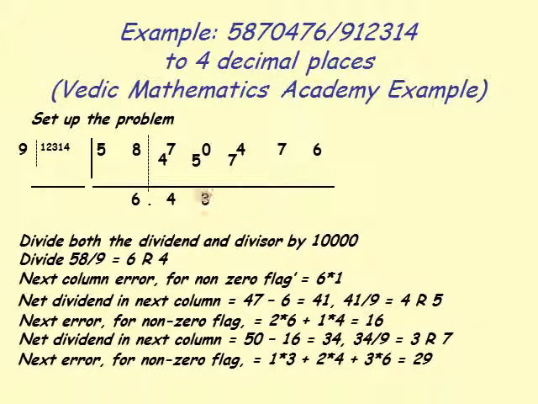Now I have 3 digits in the quotient, and I would multiply that with the leftmost 3 digits of the flags. That would get me 1 times 3 plus 4 times 2 plus 3 times 6. 3 plus 8 plus 18, 18 plus 8 is 26, plus 3 is 29. So the next error in the next column is 29.